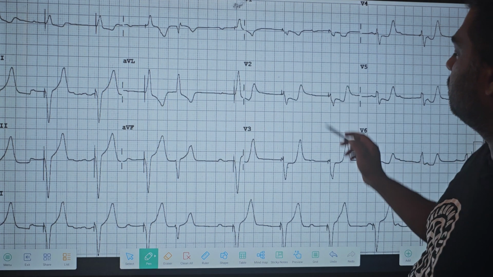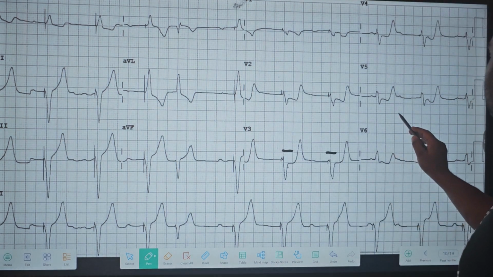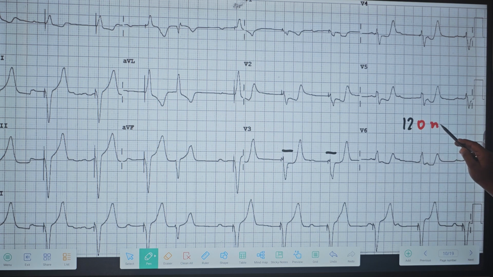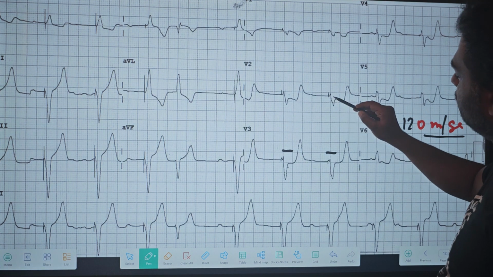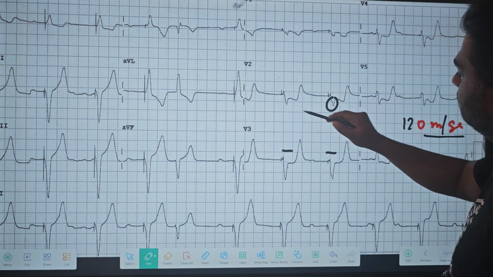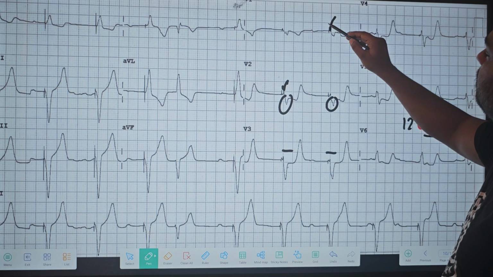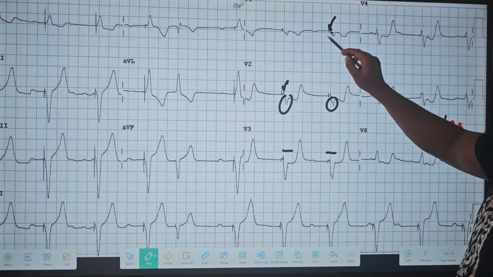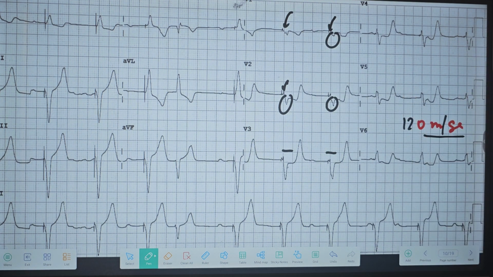If you see the QRS duration, it is around 120 milliseconds. So the first point is fulfilled. The second point is to look at lead V1 or V2 where we have a deep S wave, and a very small R wave, which is absent in lead V1. So the second criterion is fulfilled.